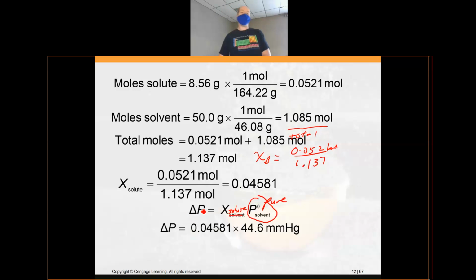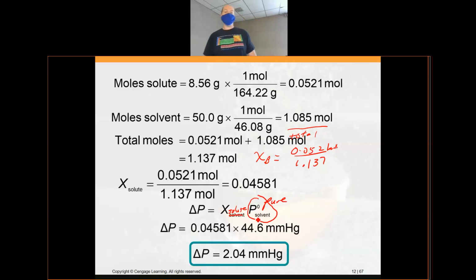So the vapor pressure lowering is the mole fraction of your solute times the vapor pressure of your pure solvent. And you see that you have a vapor pressure lowering of 2.04 millimeters of mercury. That could be the question. The question could be, calculate the vapor pressure of the solution.